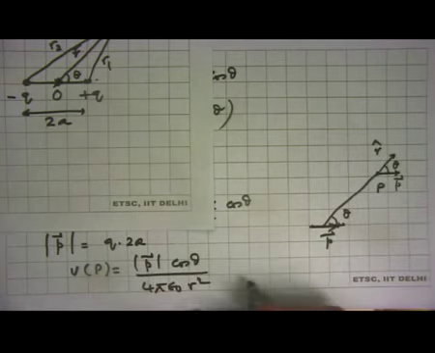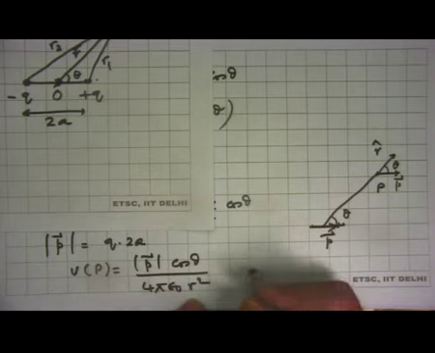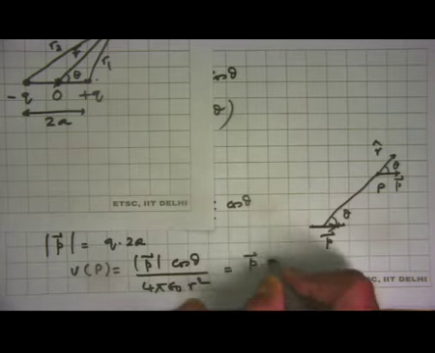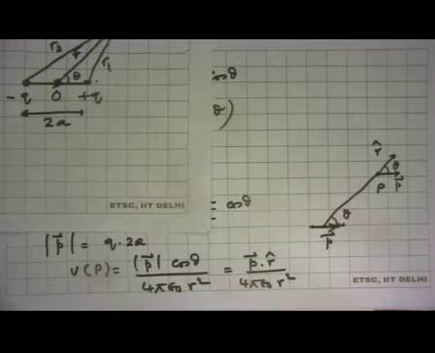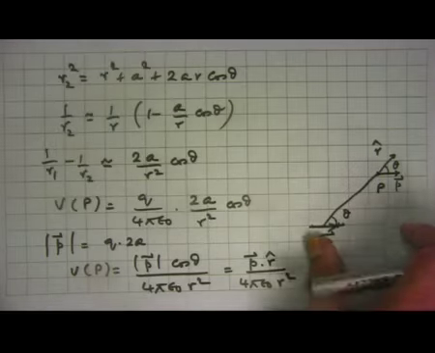So, what is P cos theta? P cos theta is nothing but P dot r cap. So, this is equal to P dot r cap by 4 pi epsilon 0 r square. Let me write again here.